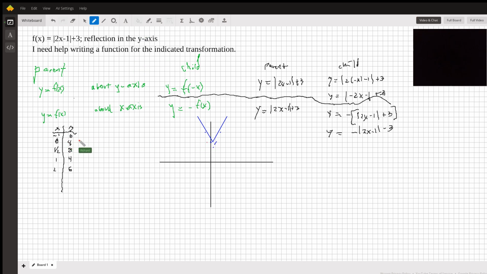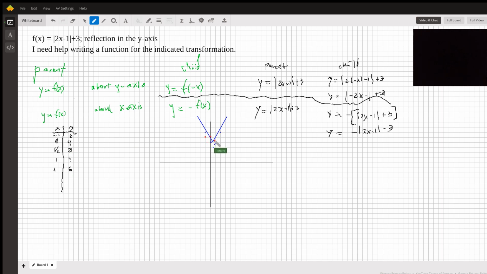And then you see how it's 3, 4 on either side of that. So this is going to be here and here.